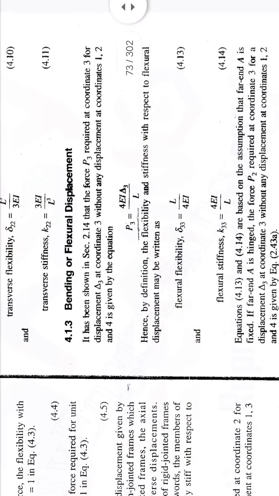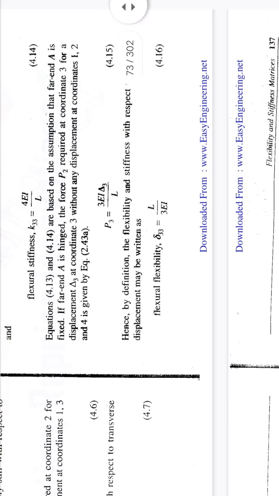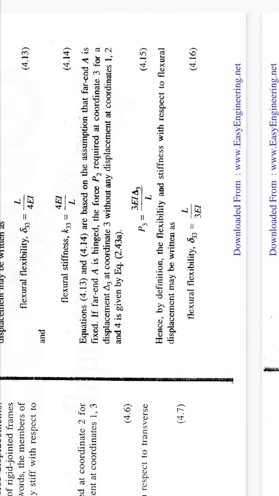Next, P3 is equal to 4EI delta 3 by L, and the flexibility delta 33 is equal to L by EI, and K33 is 4EI by L. If it is a near end moment, then the value is 3EI by L when far ends are hinged. As we have seen for the simply supported condition, this is how we get the values of 3EI by using this formula.